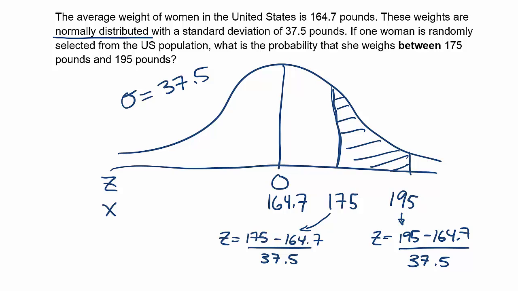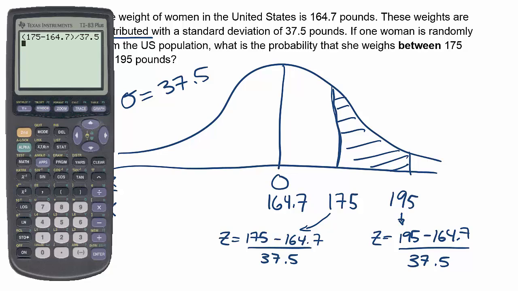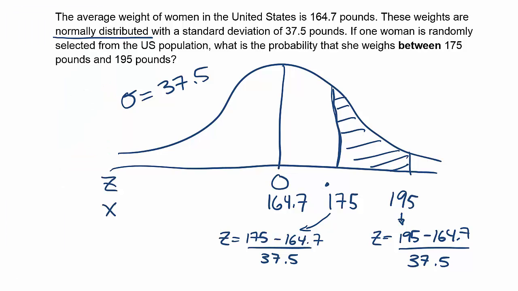Now I've already done the 175 in previous videos, so I'm just going to pop that up and show you that. So just 175 minus the mean divided by the standard deviation. Press enter and you get 0.27 as a decimal. So 0.27, that's rounded off to 2 decimal places. Remember, z-scores should be rounded off to 2 decimal places after the decimal point.